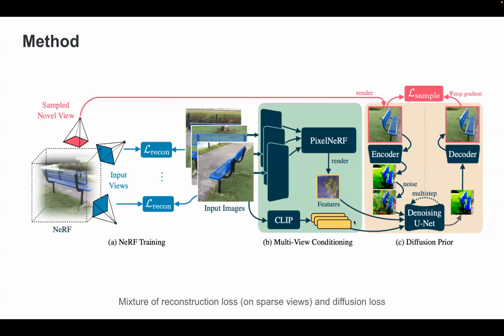So I would say most of these methods are already explored, but putting all this together and providing this quality is probably the novel part of this method. Maybe to note that this denoising UNet was pre-trained on image data first, and then fine-tuned on 4 or 5 3D data sets.